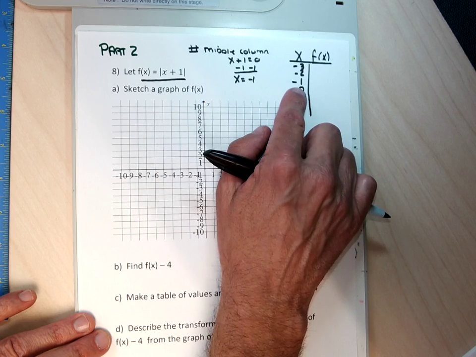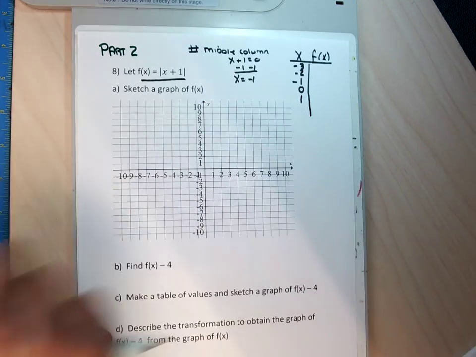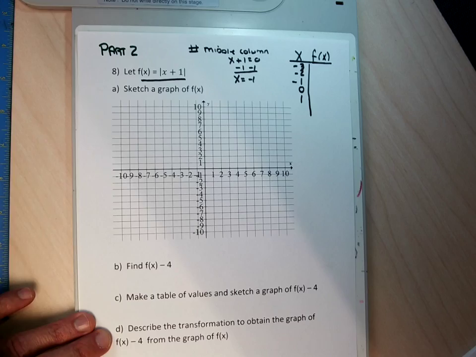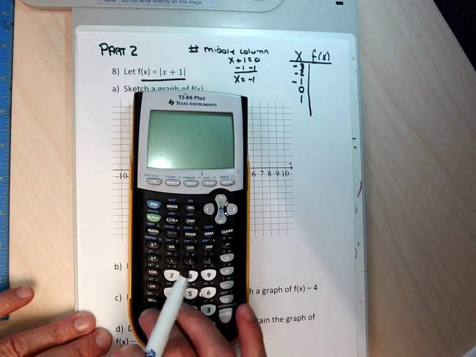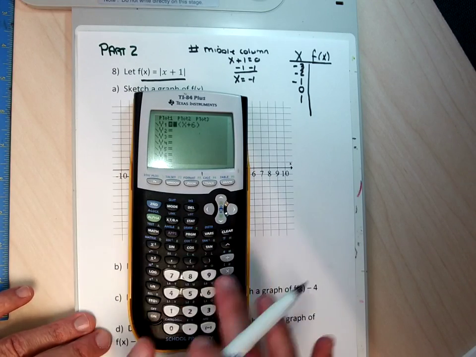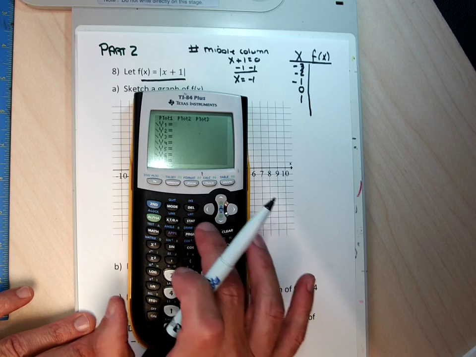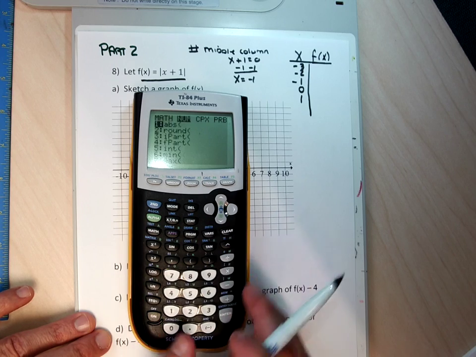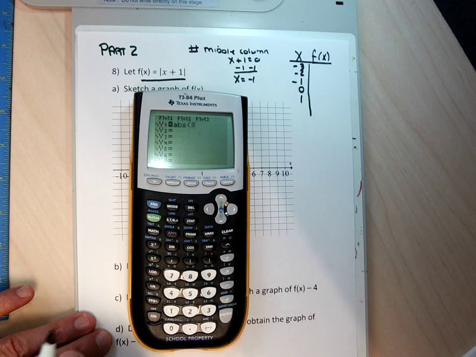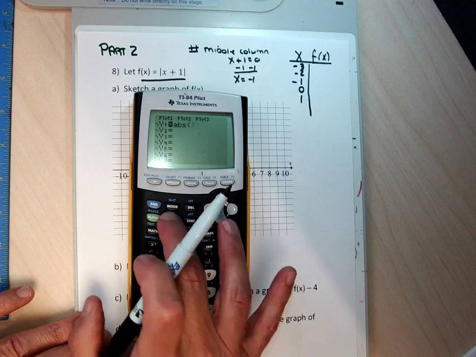That will anchor your x column, and now I'm going to get my y's using my calculator, and I'm going to sketch my graph. So I'm going to do y equals, clear, math, number, absolute value of x plus 1.